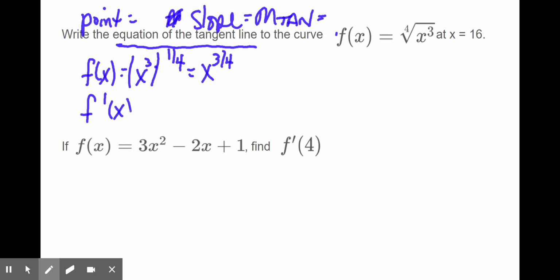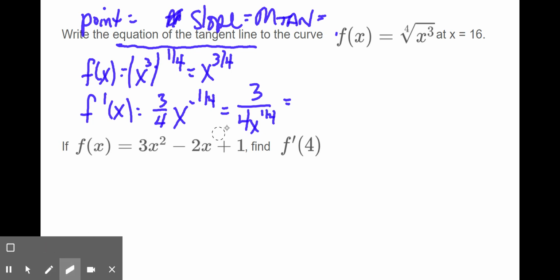So f prime of x is 3/4 x to the minus 1/4. I can bring that to the bottom: 3 over 4 x to the 1/4. Now what do I want to do? I want to evaluate this at 16. This will get me the slope of the tangent line.